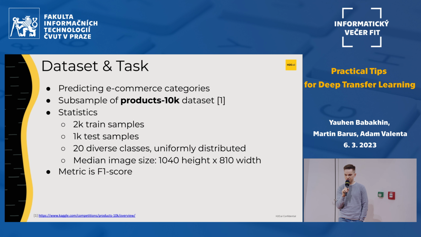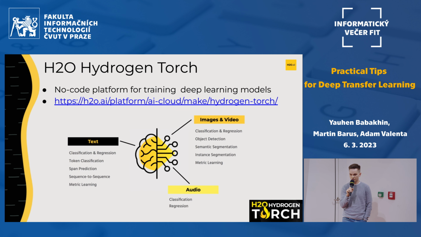We have 20 classes, and the distribution is uniform, so we have 100 examples for each class. As I've mentioned, we have 2,000 train examples and 1,000 test examples that we'll test on in the end and compare our models. And for the metric, we'll be using F1 score that combines precision and recall in a single metric.